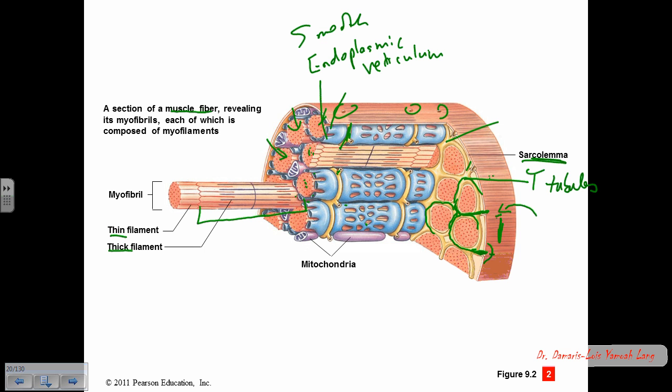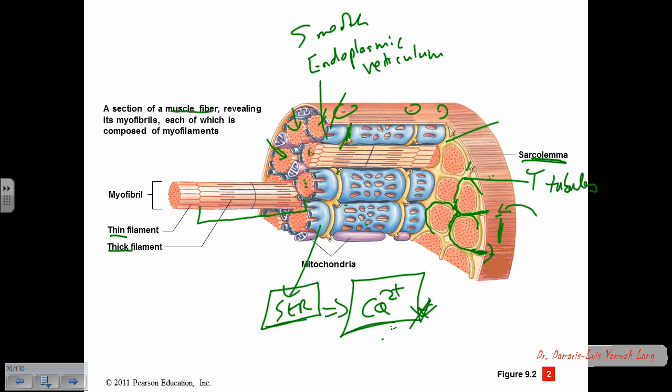And guess what? It's been modified. This SER, smooth endoplasmic reticulum, has been modified to store calcium. Do you remember when we were doing the bones, I told you that calcium is needed for the muscle to contract? There it is. We'll see how it plays its role shortly. So the aim of this smooth endoplasmic reticulum is to store calcium, because we see how important calcium is for muscle contraction.